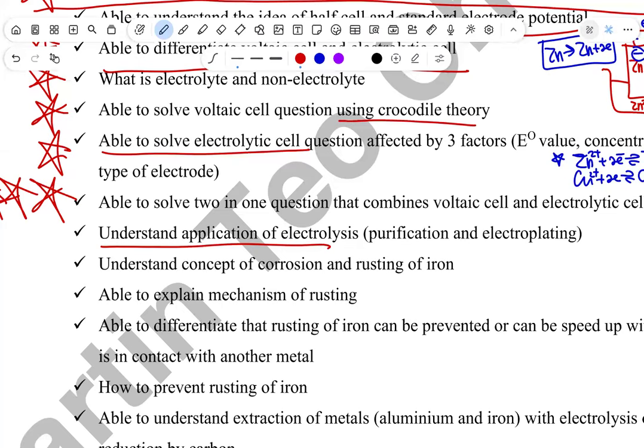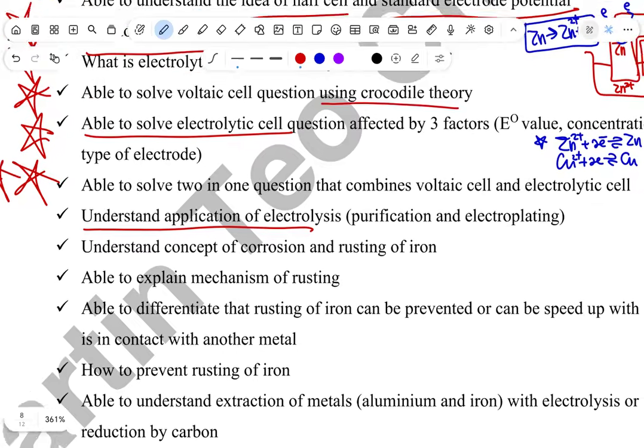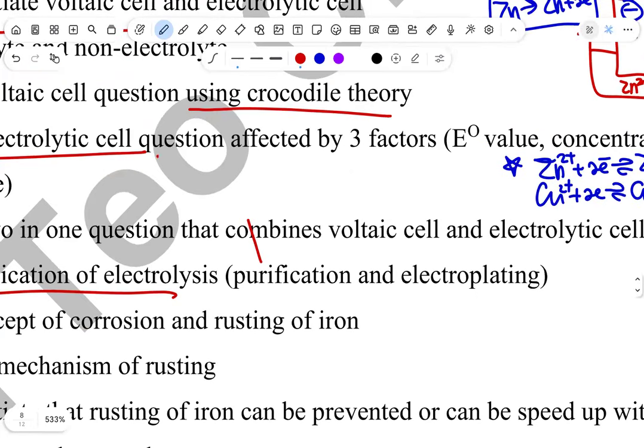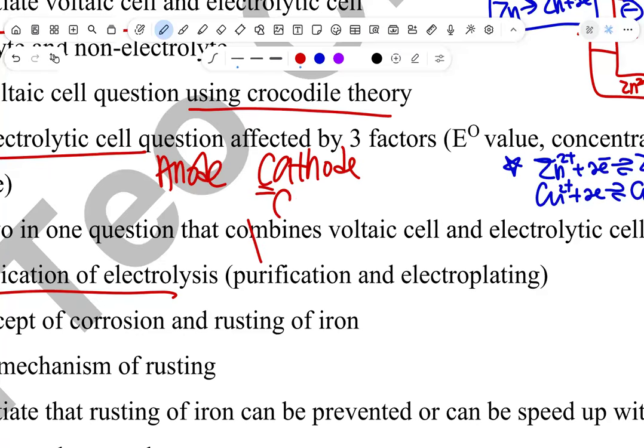If anyone remembers, I taught you before, for purification, the cathode C stands for clean. Always put the pure electrode, pure copper, pure silver, at the cathode.